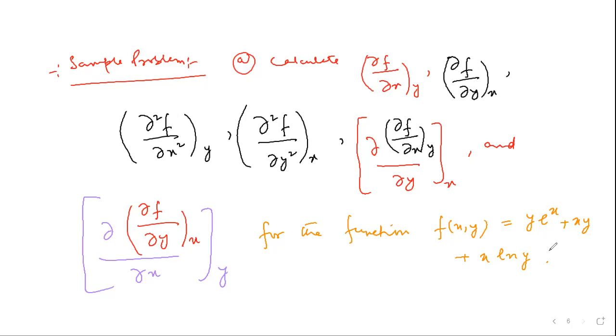See, I repeat what we have to find. Question says, it's part A. Calculate ∂f/∂x, y constant, ∂f/∂y, x constant, ∂²f/∂x², y constant, ∂²f/∂y², x constant, then ∂f/∂x, y constant is to be differentiated with respect to y, treating x constant, and ∂f/∂y, x constant is to be differentiated with respect to x, holding y constant, right?